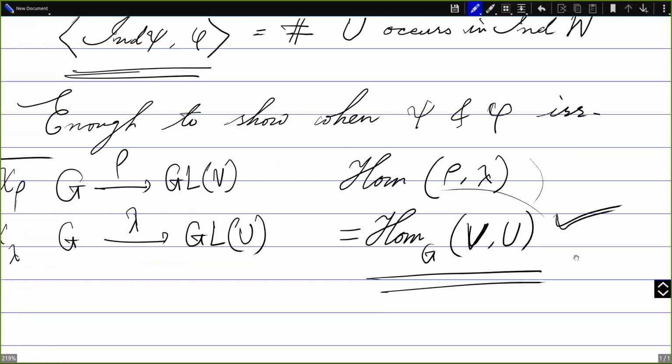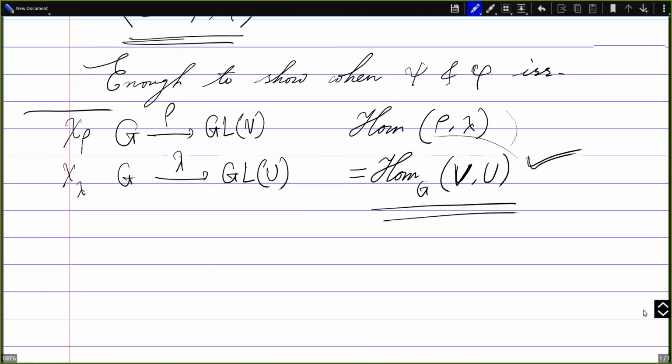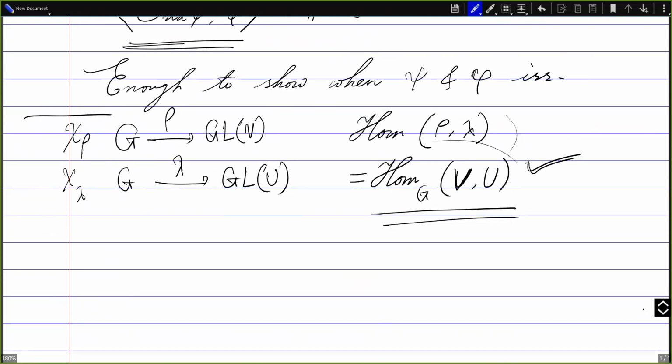We can immediately get a decomposition V = V1 ⊕ V2 ⊕ ... ⊕ Vk, where each Vi is irreducible.